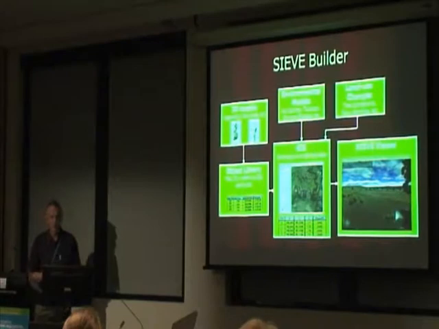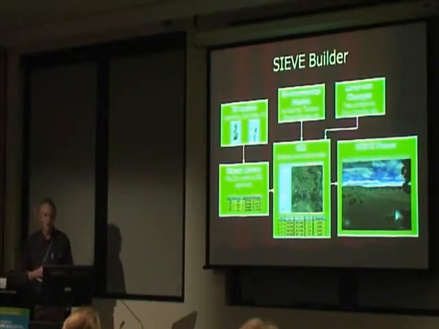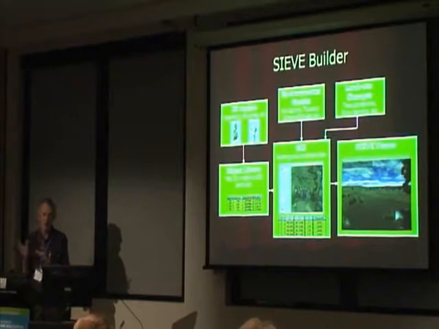Okay, fortunately you can read that. So SIV Builder works fairly simply by taking the kinds of 3D models that Alec has described as belonging in an object library, feeding those through with the land use changes into the GIS and coming out with the virtual world.